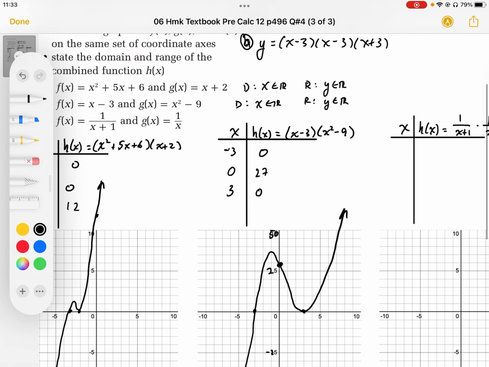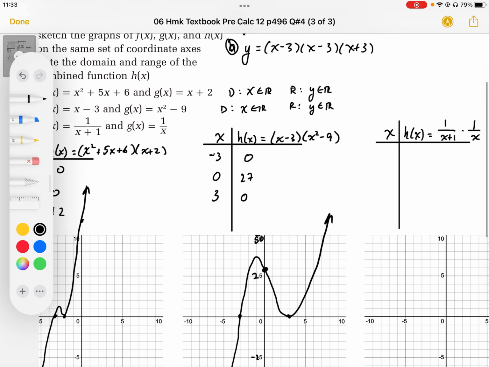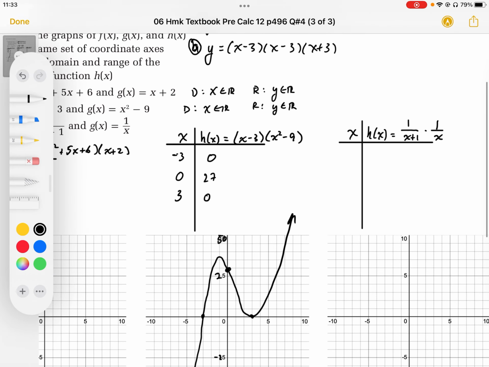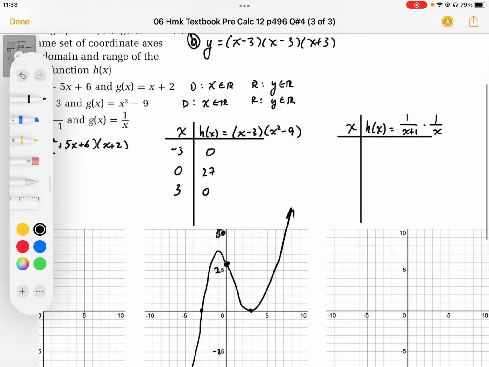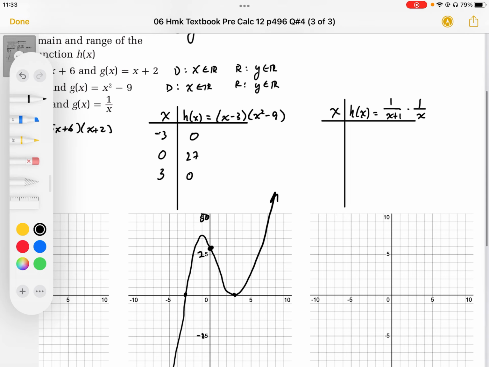Lastly, for C, I've got a composite function here. When I combine this together as multiplication, this is a rational function. It's going to have two factors that give us 0, so it's going to have vertical asymptotes at 0 from this one, and at -1 from the other factor.